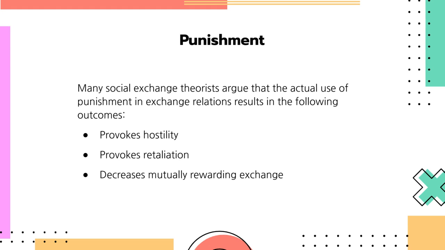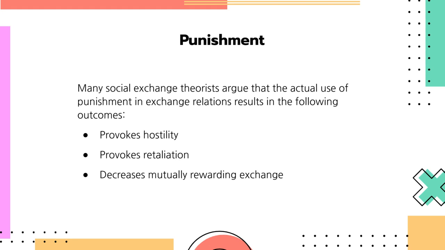And then there are some studies on punishment. Many social exchange theorists argue that actual use of punishment in exchange relations results in the following outcomes. Traditionally, this is what they believe is a result of punishment in social exchange: it provokes hostility, provokes retaliation, and decreases mutually rewarding exchange.